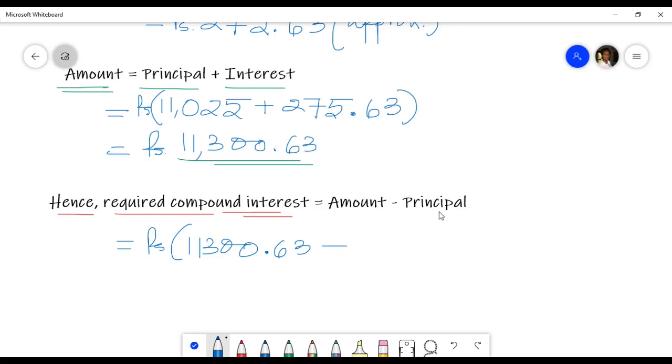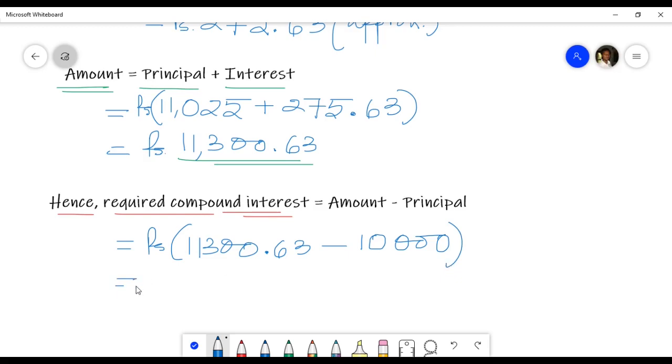minus the principal, the initial principal. The initial principal that's given in the question is rupees 10,000.